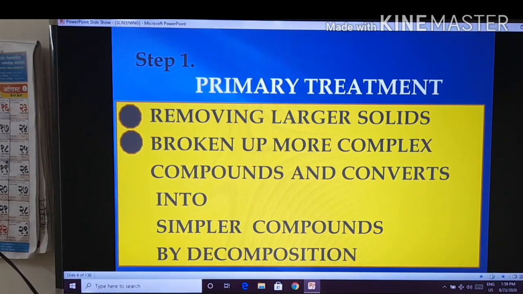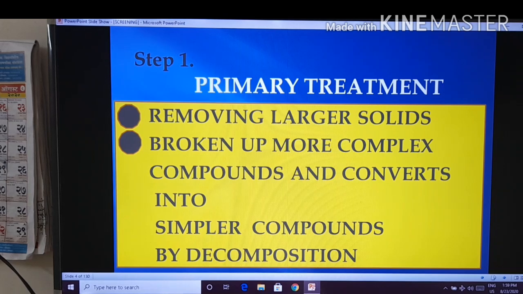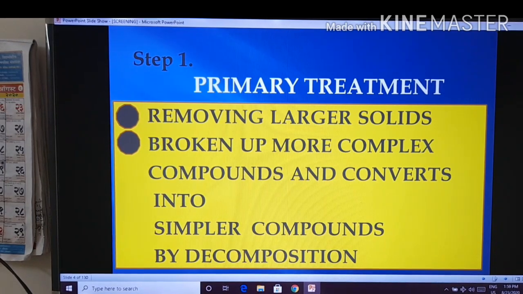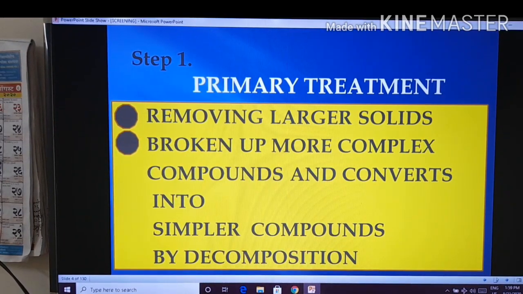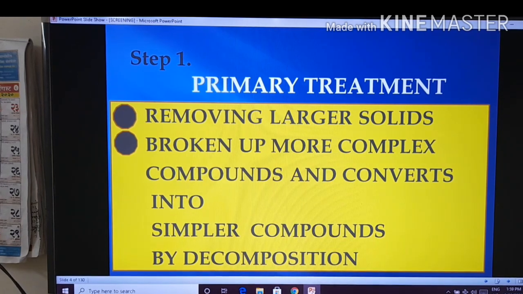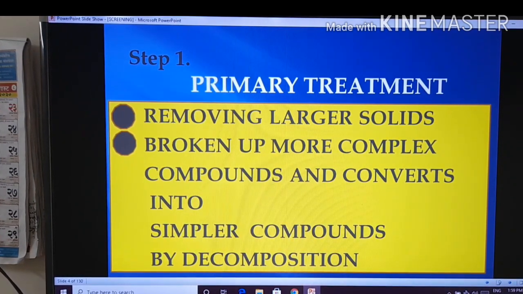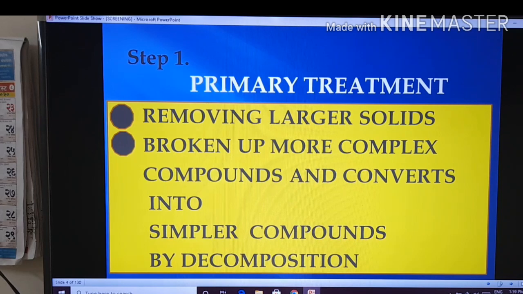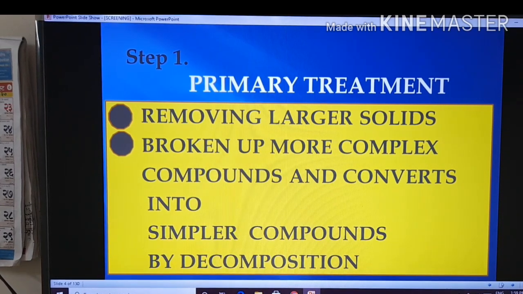Right? What we are looking at: removing the larger solids, and second, breaking up more complex compounds and converting them into simpler compounds by decomposition.